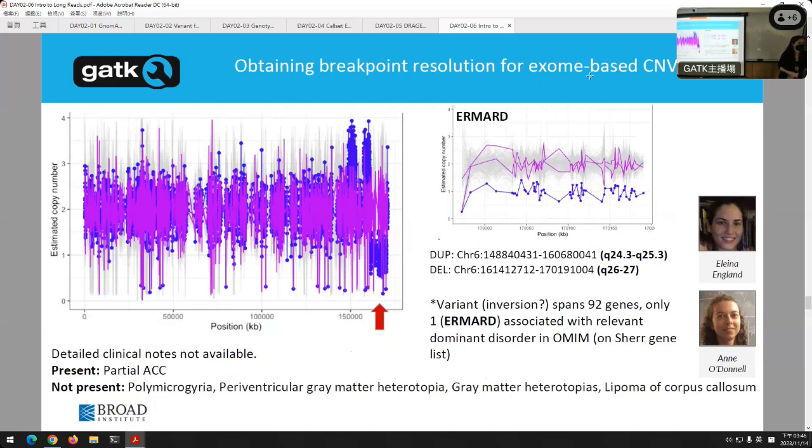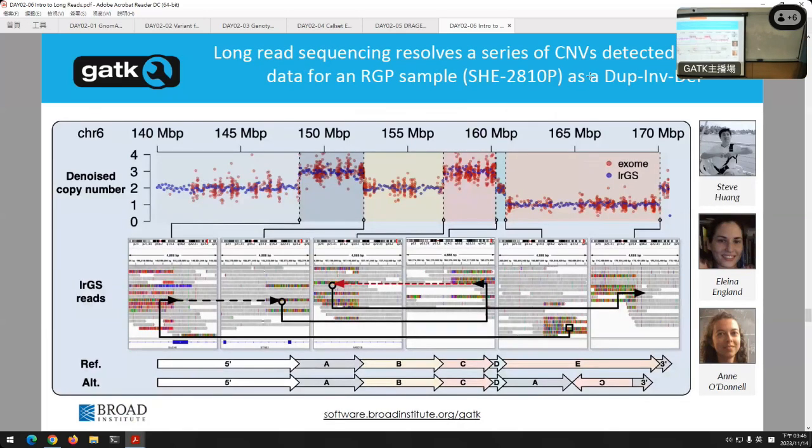They couldn't tell exactly what was going on. So they did long read sequencing, and they were able to find the breakpoints of this event and actually determine that it was a complex structural rearrangement that also included an inversion in addition to the copy number variants that they previously detected.